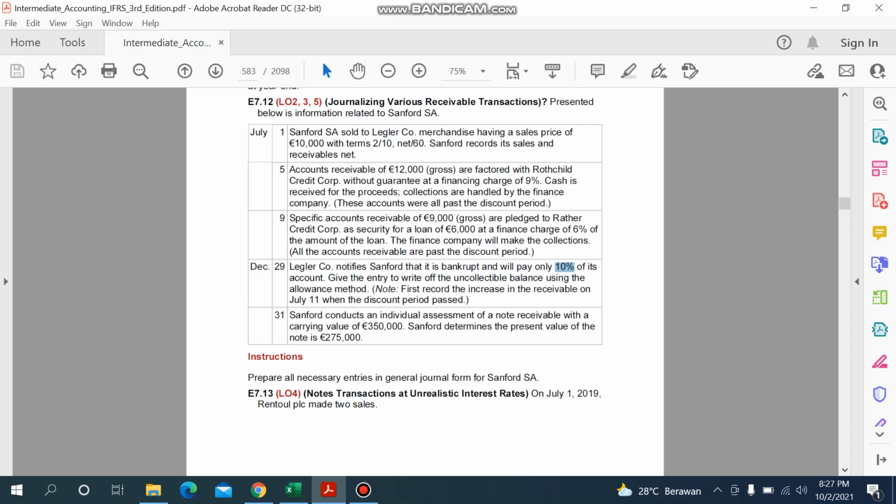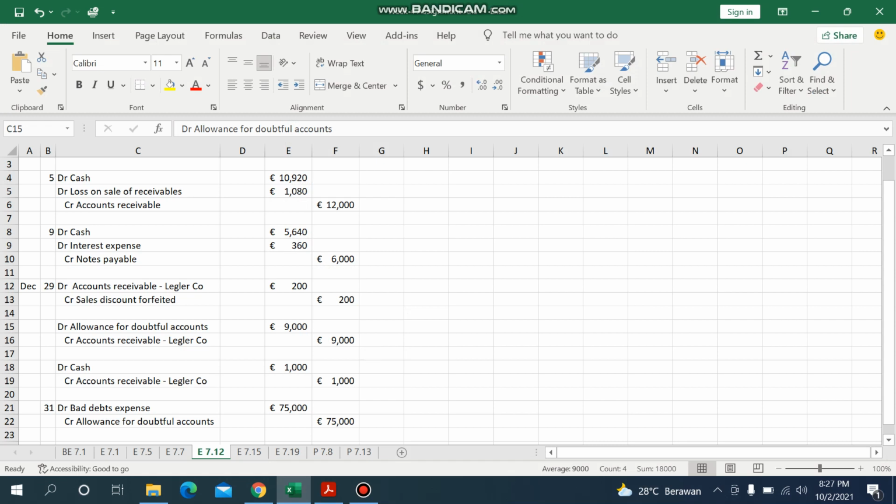The rest, 90%, will be written off. So debit allowance for doubtful accounts, credit accounts receivable, 9,000. And then we record what we can get: debit cash, credit accounts receivable, 1,000, which is 10% of the 10,000.